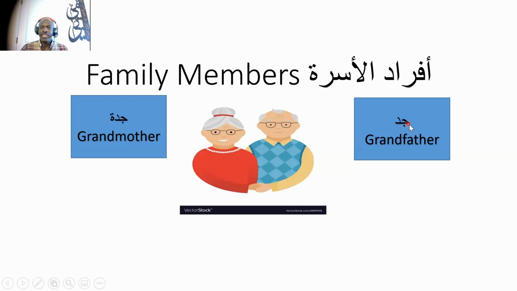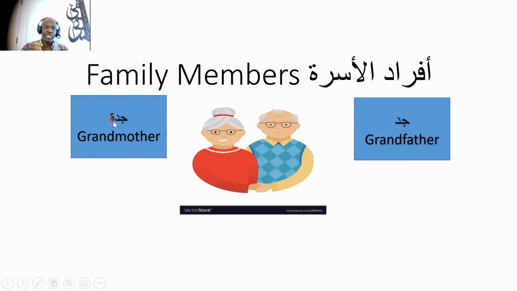Jed is grandfather. And on the other side here we have Jeddah: Jim, Dal, Ta marbuta. This is a ta, but it's called marbuta. It's a tight ta. We tied it up, so it's not an open ta.